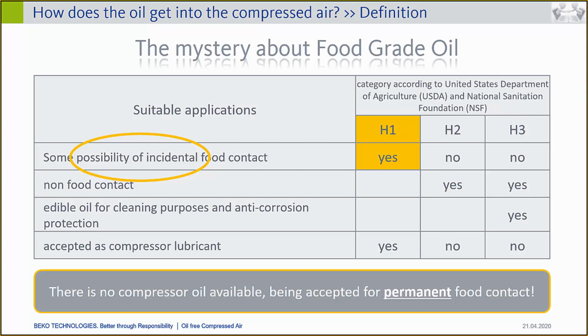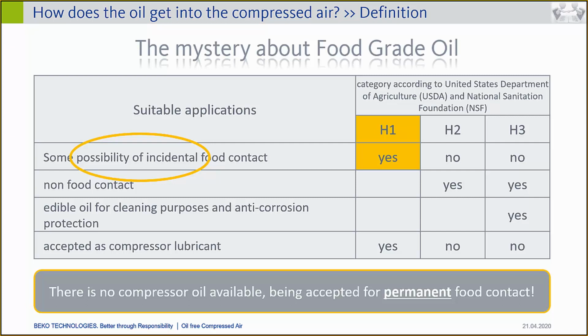That's definitely one point that must be considered. And you can easily imagine once the brand new oil has passed the compressor, the structure of this oil is totally different, and so many components have been added to this oil that there's a high risk of contamination of some food application.